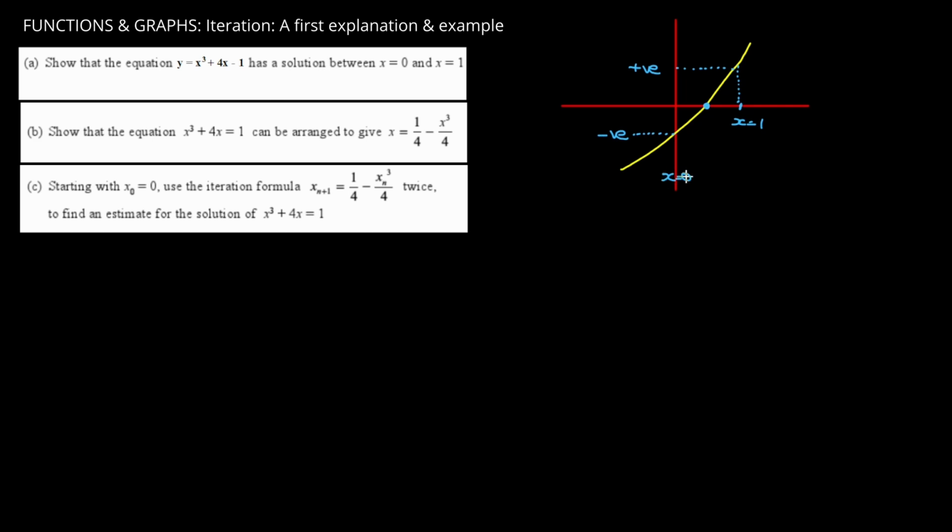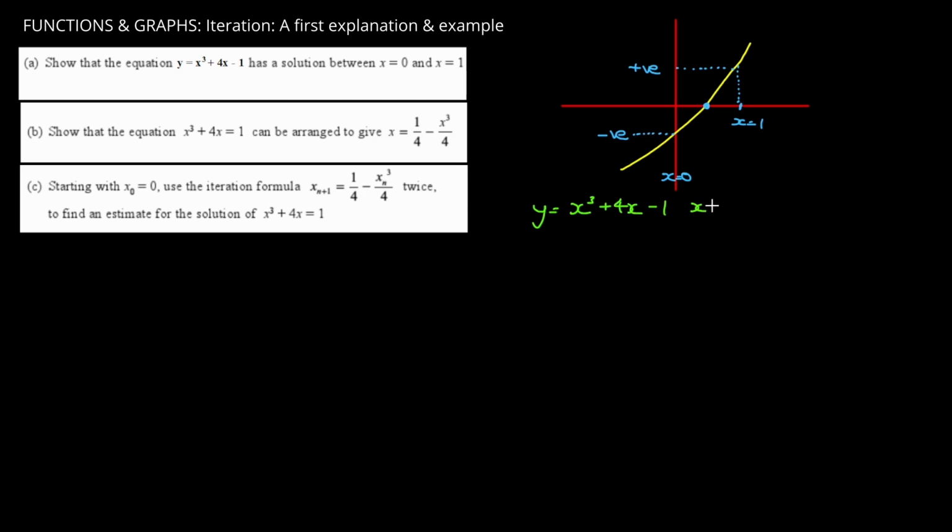So if we plug x equals 0 and x equals 1 into our function, and see a polarity change, and given the function is continuous, and there's no reason to suspect that this function x cubed plus 4x minus 1 is not continuous, then we know that the function has crossed the x-axis and its y values have turned from negative to positive, or if the curve went the other way, from positive to negative. So that's the technique, and now let's just put our values in and see what happens.